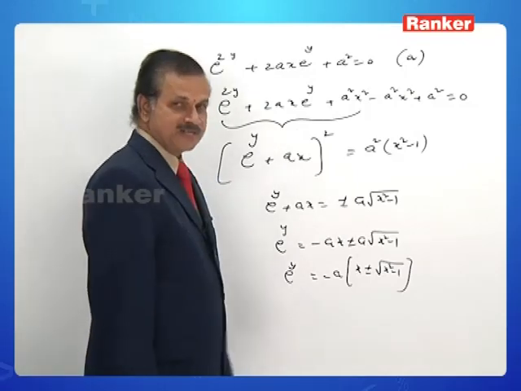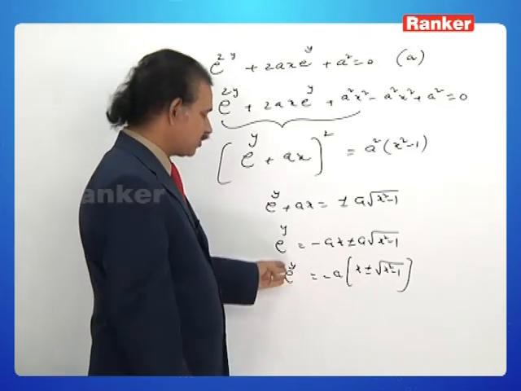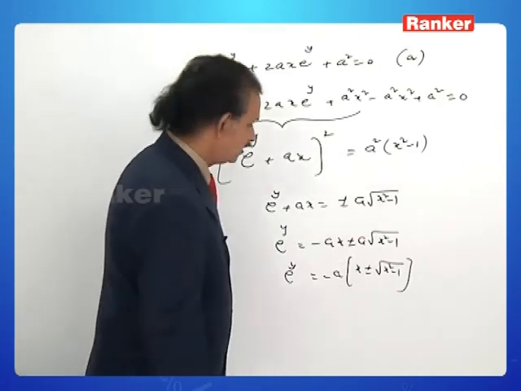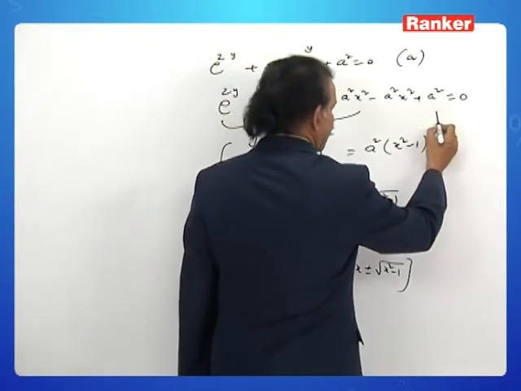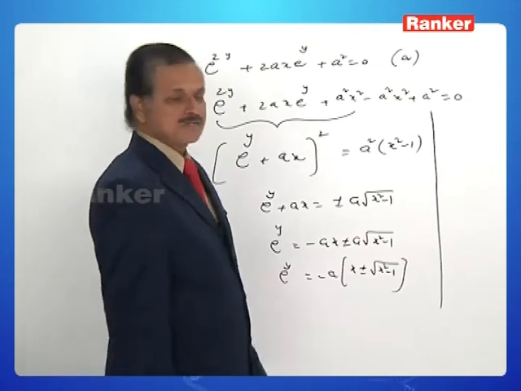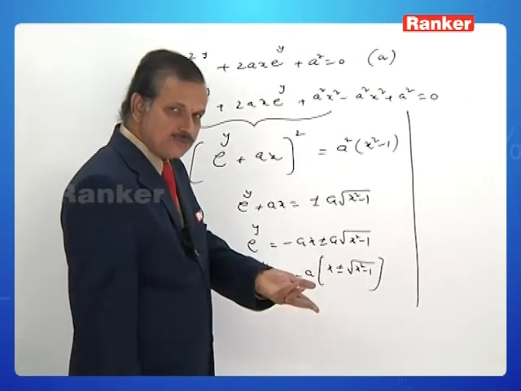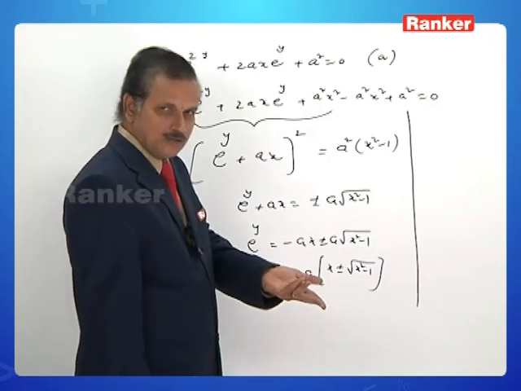Okay, let us now at this position differentiate this step on both sides with respect to x. Let us see what happens. What is the derivative of e power y? e power y into y1.